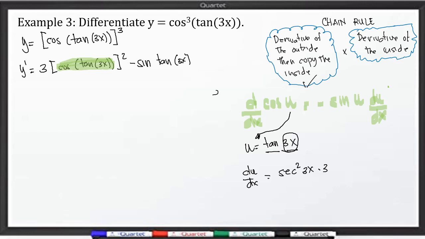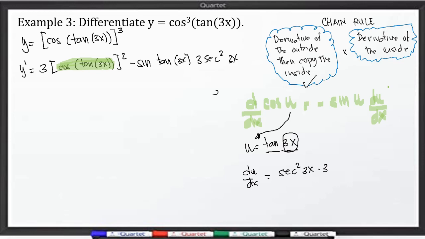So, that will be the derivative of cosine multiplied by du dx, which is 3 secant squared 3x. Ayan. Yan na po yung ating nakuha sa chain rule. All we have to do is to rearrange and finalize our answer.